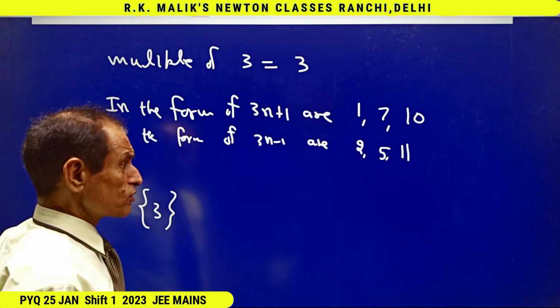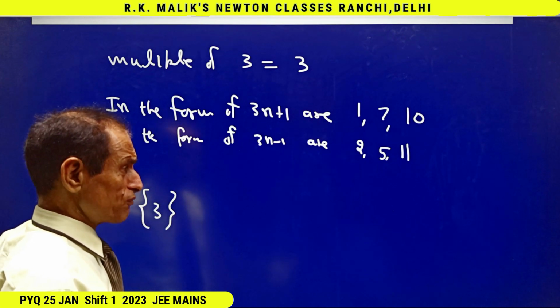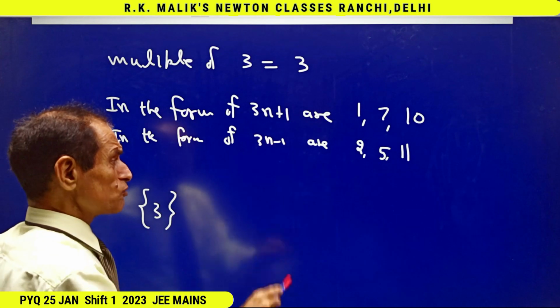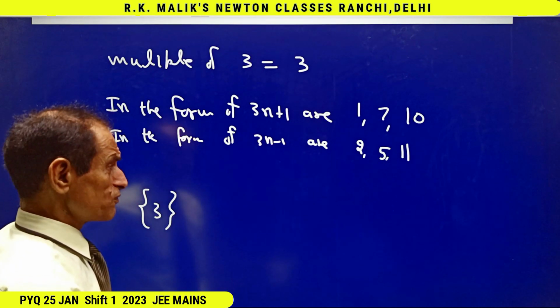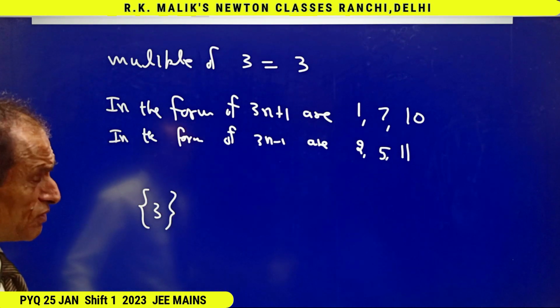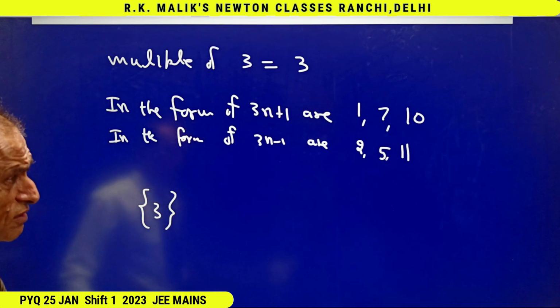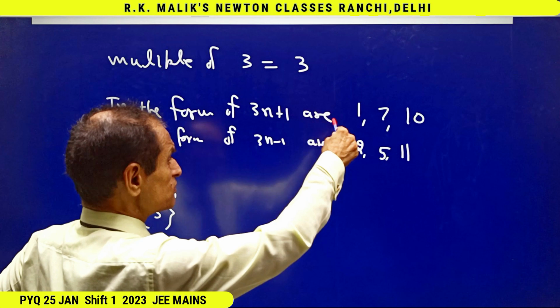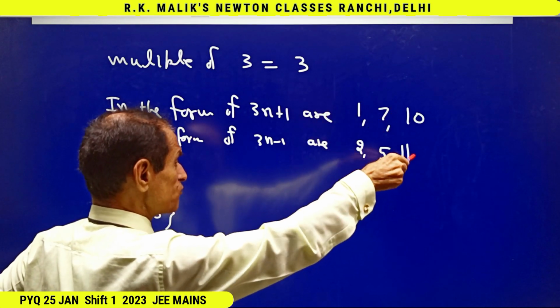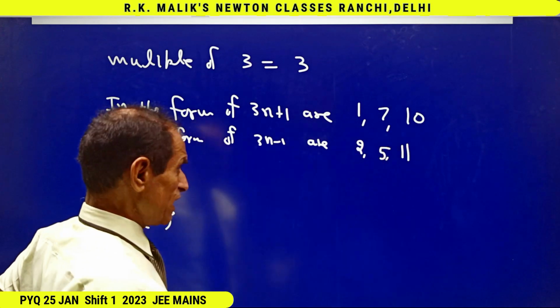For the sum to be a multiple of 3, one number should be in the form of 3n plus 1 and the other in the form of 3n minus 1. Then the sum of those two numbers will become a multiple of 3. For this, out of these three we choose any one, and out of these three we choose any one.